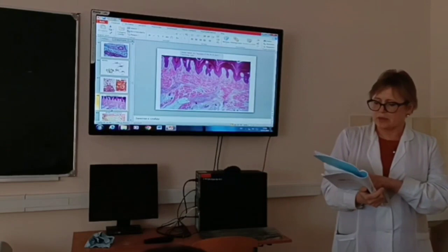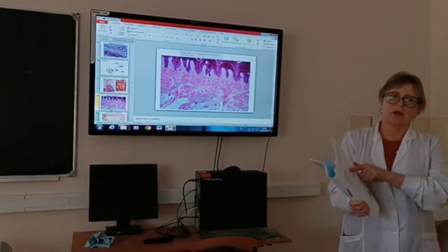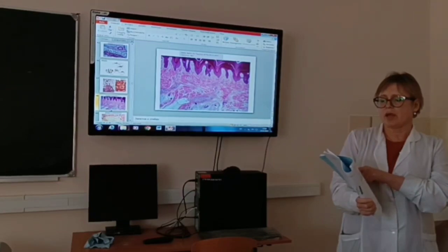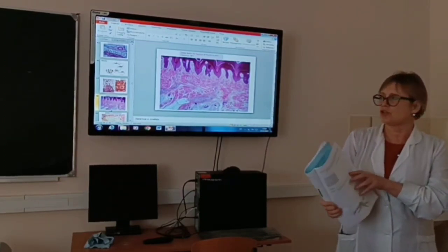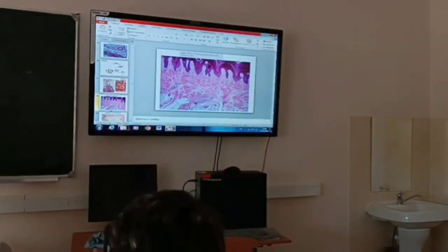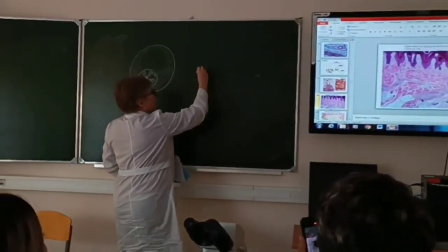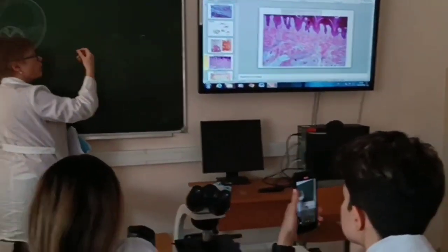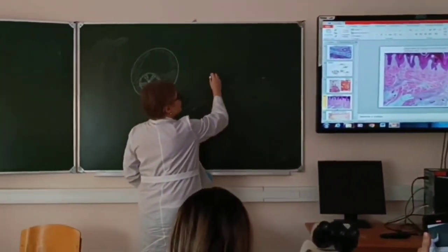Because in the task you should identify loose connective tissue, dense irregular, and adipose tissue, I advise you to demonstrate your knowledge about the structure of this tissue.